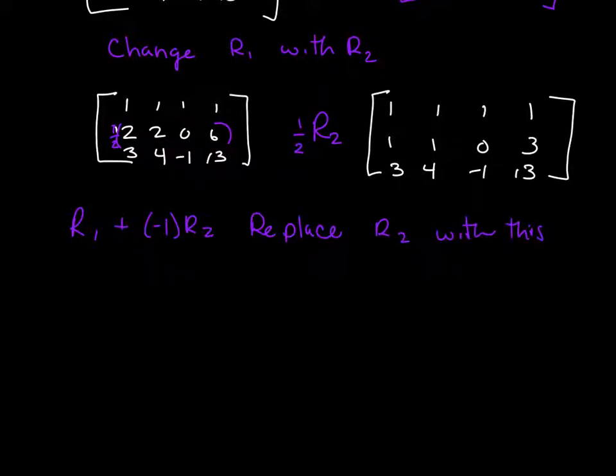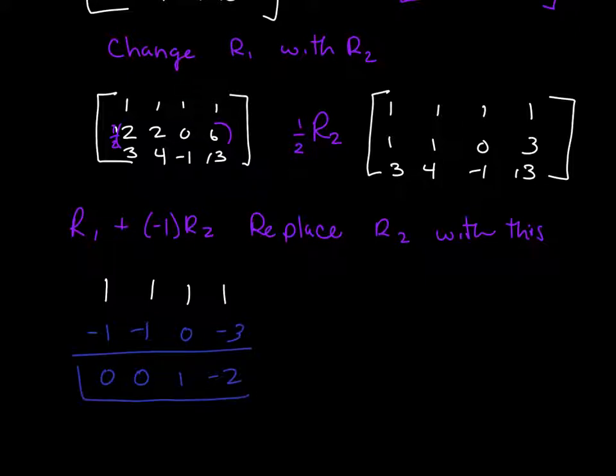So row 1 is just right now 1, 1, 1, 1. I take -1 and multiply it times row 2. This gives me -1, -1, 0, and -3. When I do that, that becomes 0, 0, 1, -2.